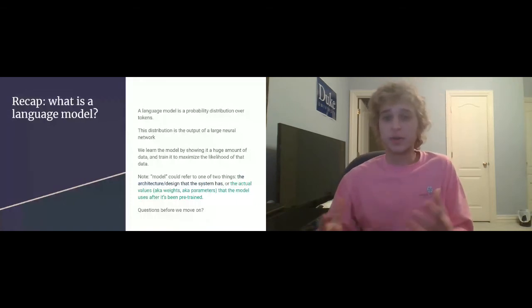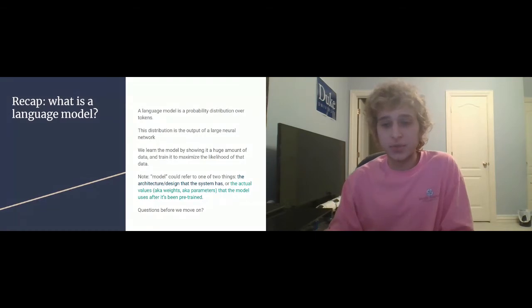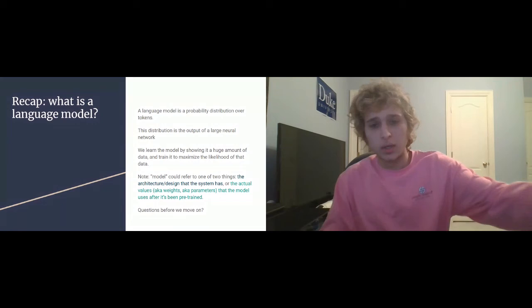The model is created by showing it a very large amount of data and telling it to think that the data it saw was likely, because that data was generated by humans, and so we want the model to learn to understand and accurately model human language.